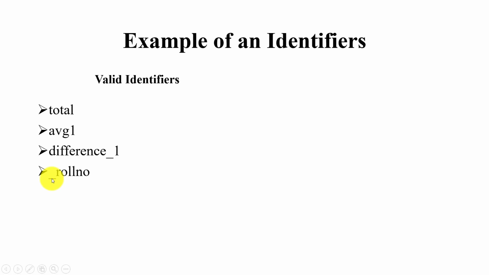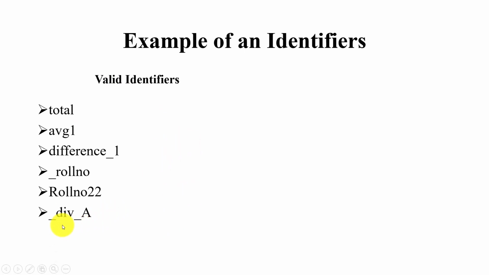An identifier can also start with an underscore, so _roll_number is a valid identifier. We can start with a letter, uppercase or lowercase, and it is again considered a valid identifier. These are all examples of valid identifiers.